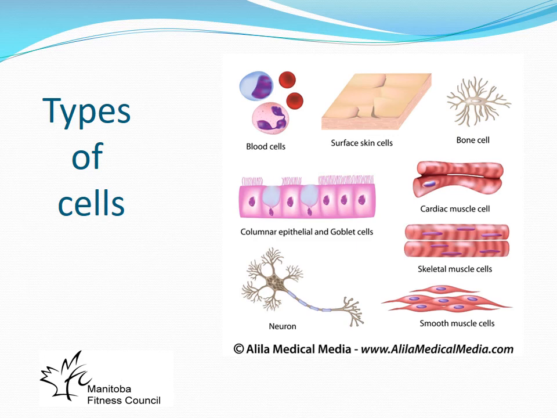Just pointing out here, there are different types of cells in our bodies. There are blood cells, skin cells, goblet cells, bone cells. And then we have three different types of muscle cells: cardiac muscle cells, smooth muscle cells, and skeletal muscle cells. Skeletal muscle cells are very unique, so our muscles are unique.